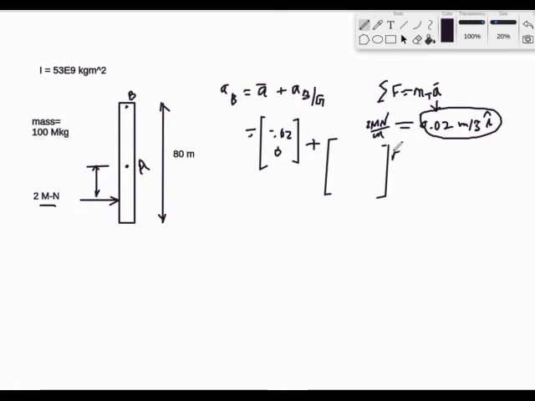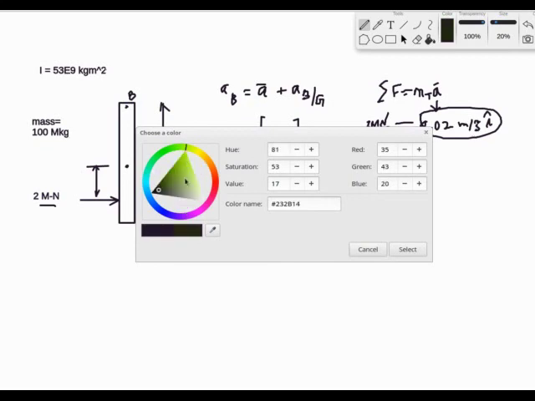So we'll look at a different coordinate system, the radial-transverse coordinate system of B compared to A.